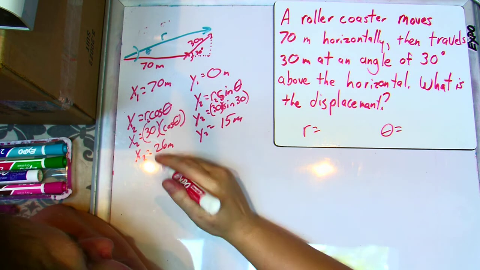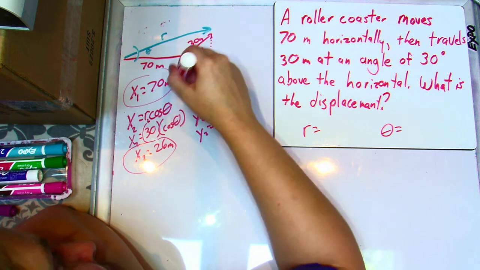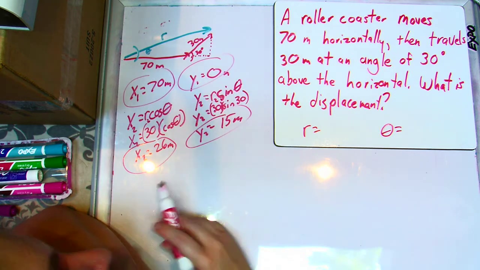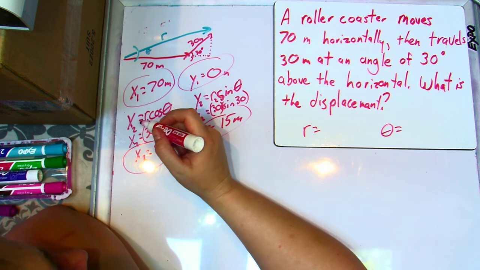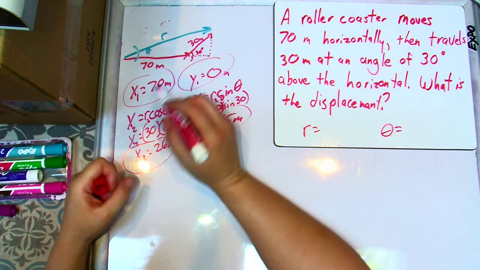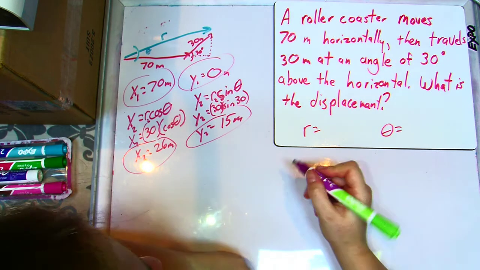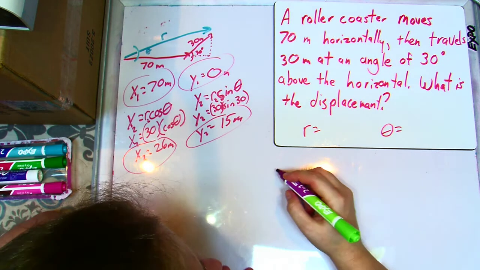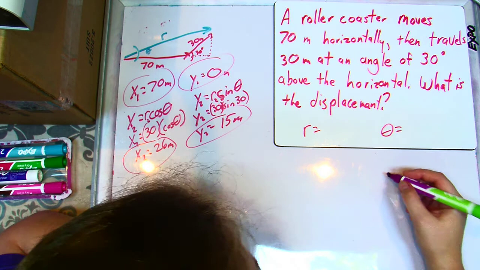Now we have two x values and we have two y values. Now we have to figure out how to bring them together. Because what we're pretty much saying, if I was to redraw this scenario, I'll redraw it right here.